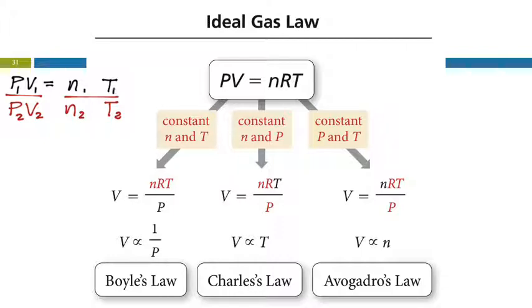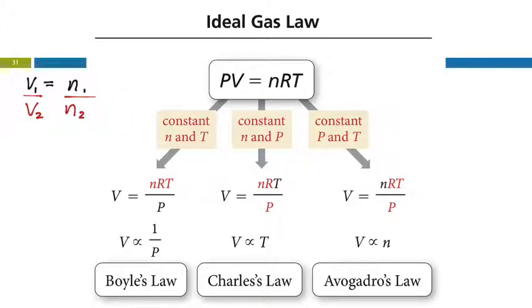So if pressure 1 is equal to pressure 2, then those cancel out, right? So that's gone. And if temperature 2 is equal to temperature 1, then that would be gone, right? Because whatever it is, it would cancel out.